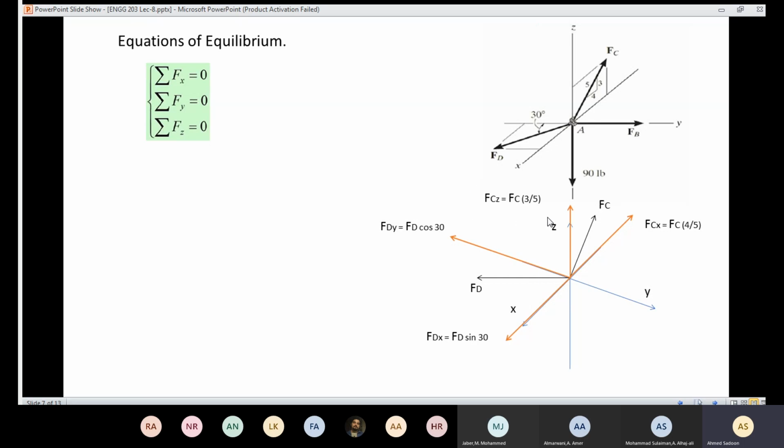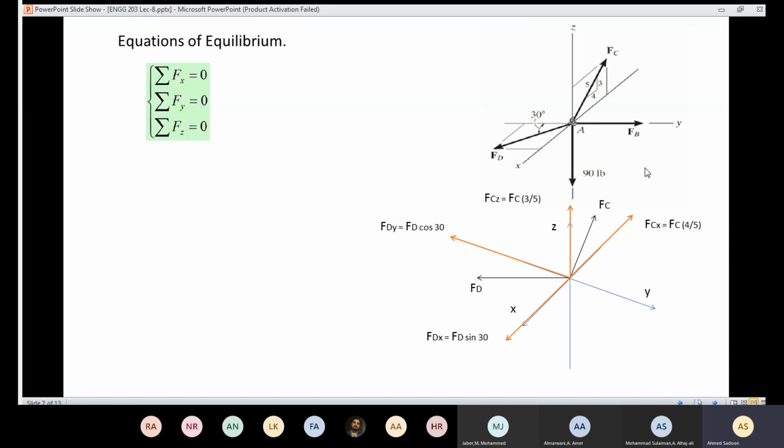And then I have a component in z equals Fc times 3/5. So now I successfully decompose Fc into x and into z. This one is going to be negative, and this one is going to be positive.